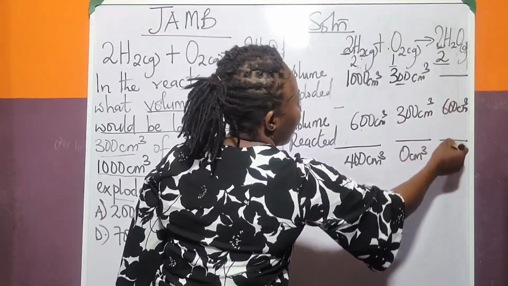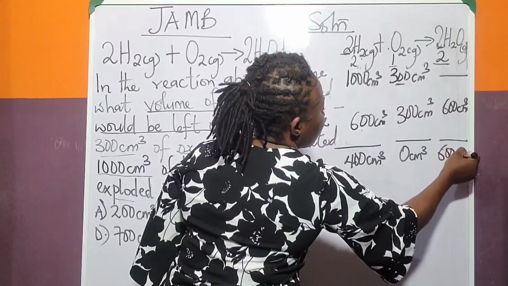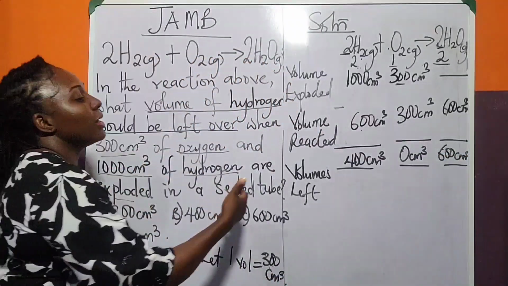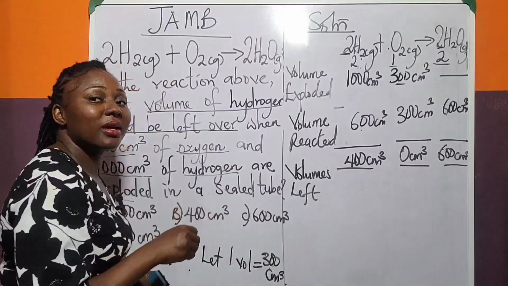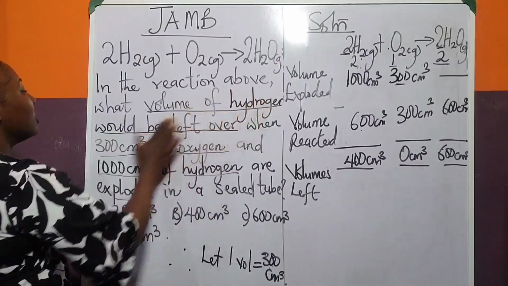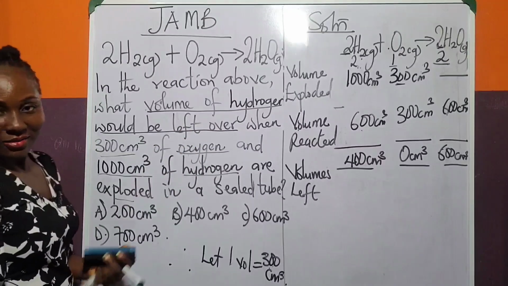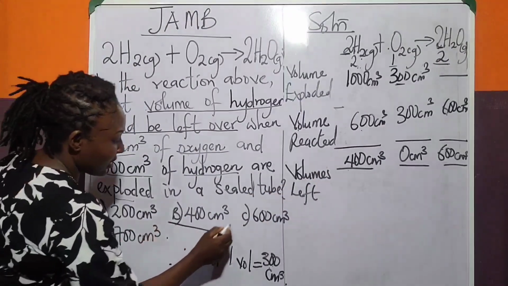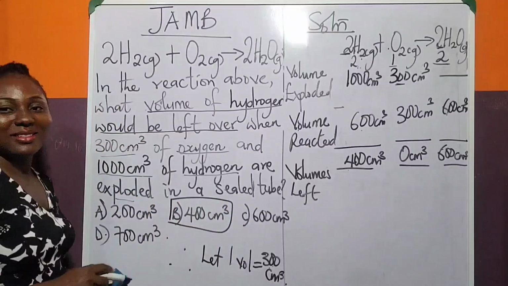And for steam, I will bring down what was formed, 600 cm cube. So looking at this, I think the answer is simple. What volume of hydrogen would be left over? It's clear, 400 cm cube, and this is the correct answer.